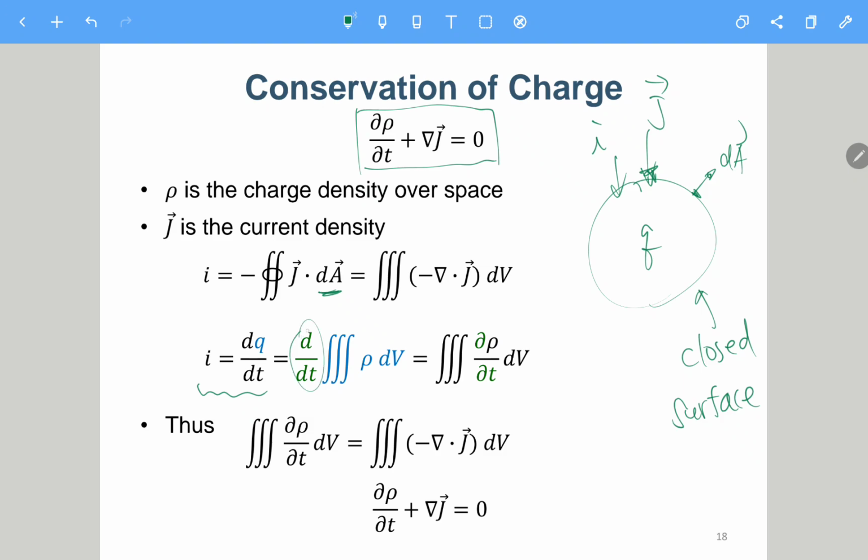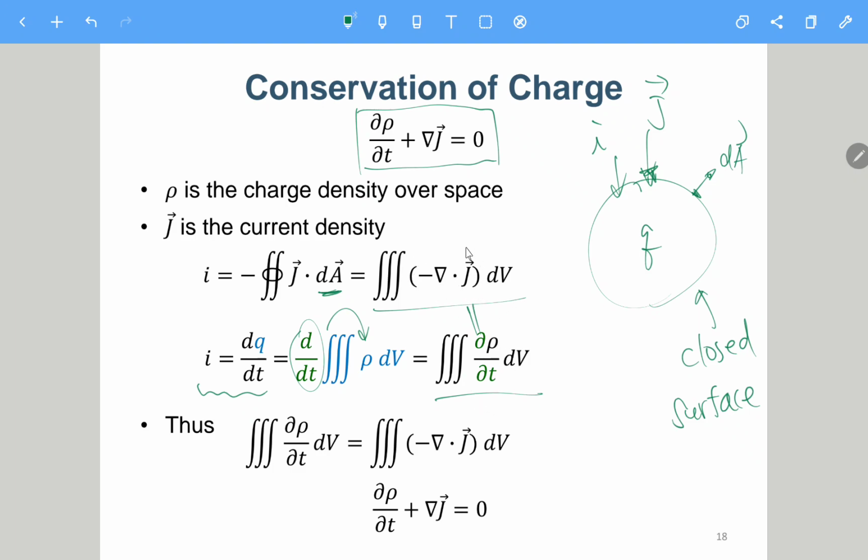And then we also try to put this one inside, so it becomes a partial derivative. Here, this is a triple integral, and this is a triple integral for the same volume, and they equal each other. Similar to the previous interpretation, this equation is true for arbitrary volume, which means that the integrand itself should be the same.